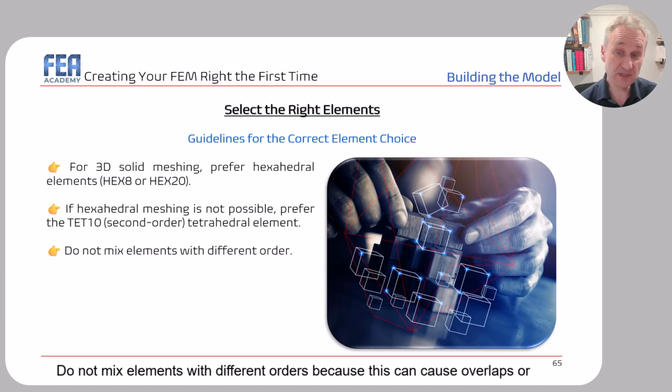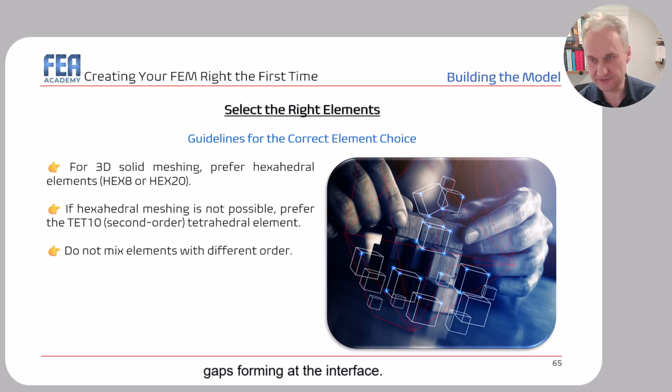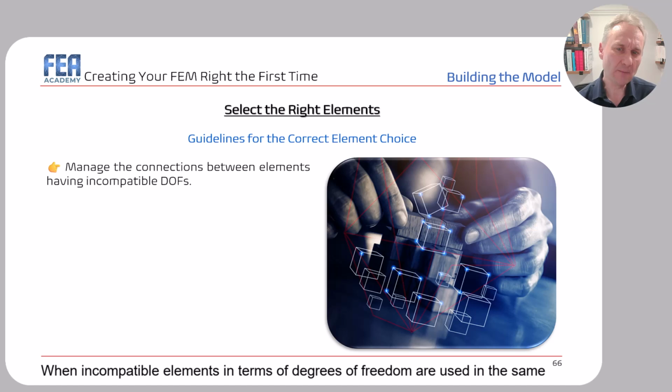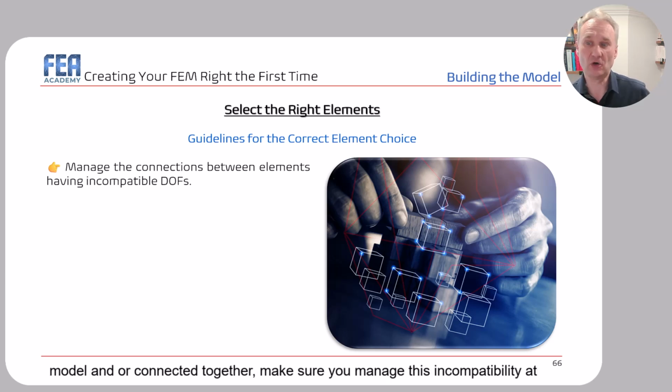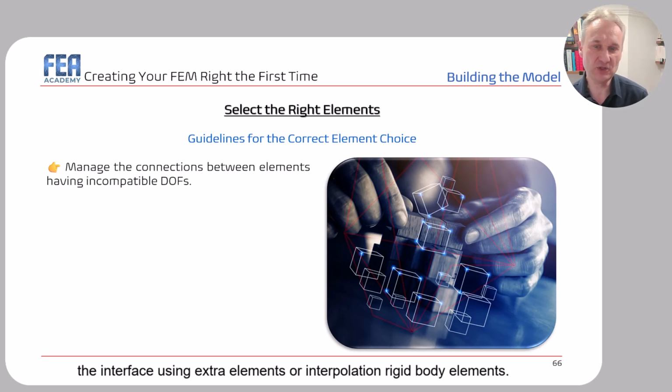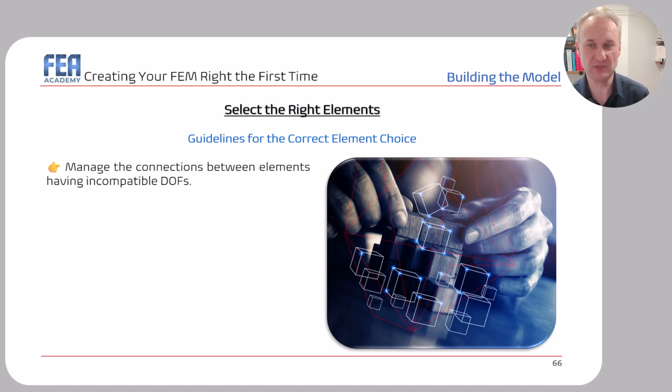Do not mix elements with different order, because this can cause overlaps or gaps forming at the interface, and it gives wrong results. When incompatible elements in terms of degrees of freedom are used in the same model and are connected together, make sure you manage this incompatibility at the interface using extra elements or interpolation rigid body elements.